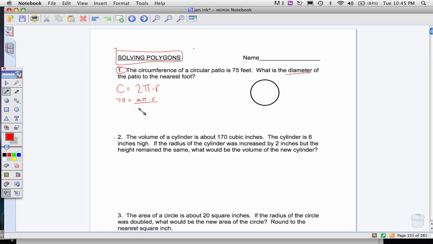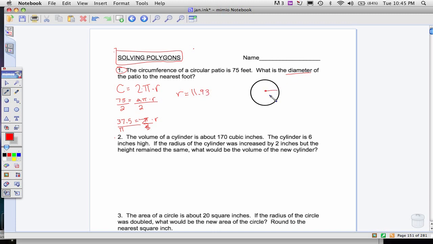To undo multiplication, you must divide. I'm going to divide by 2 and divide by 2, and 75 divided by 2 is 37.5 equals pi times r. Now, to undo multiplication, we must divide. So I'm going to divide by pi, and I find that r equals 11.93.